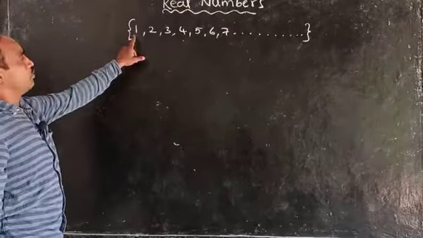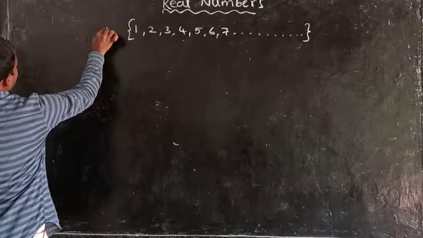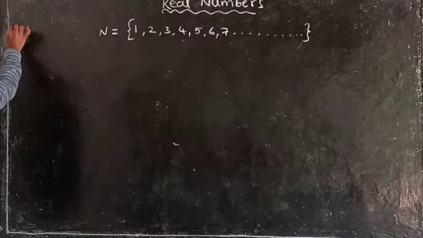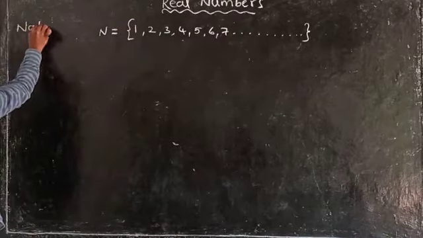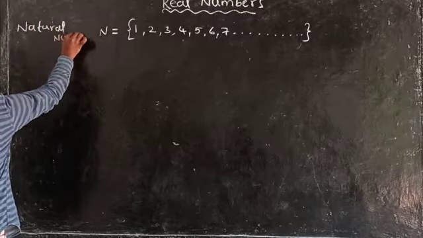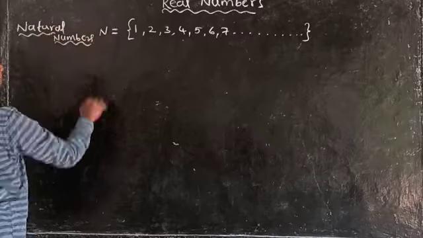These numbers start from 1. This set of numbers is denoted by N. N means natural numbers. This set of numbers is called natural numbers.